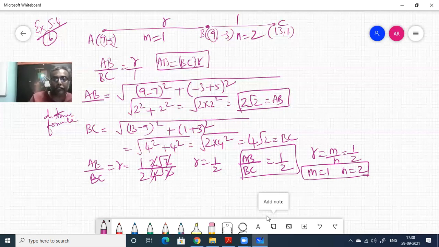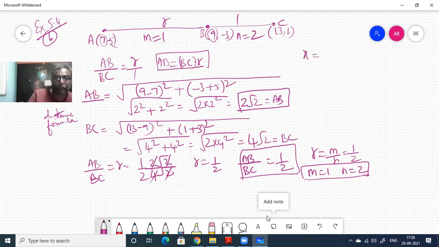So if it is dividing in that ratio, then in order to prove that the points are collinear, you just substitute in the formula and see if 9, minus 3 is coming. Let's use the intermediate point formula. x is equal to m into x2 plus n into x1 by m plus n.